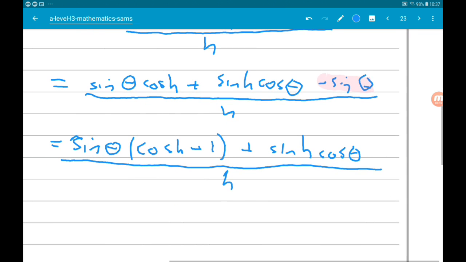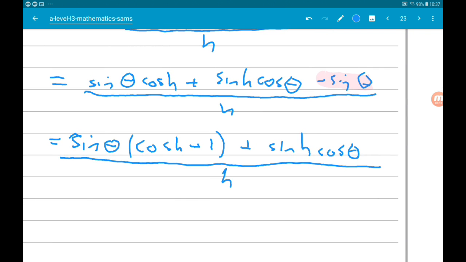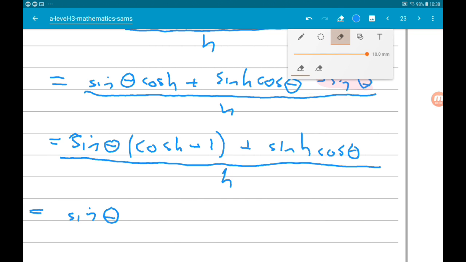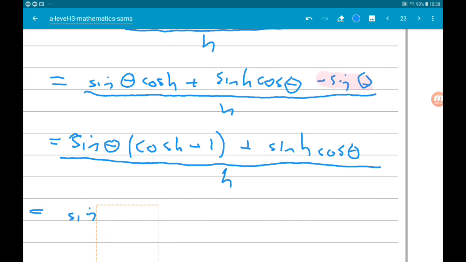Now, we can split this fraction into two separate fractions. So we can say this is, actually, let's write it in a different order.